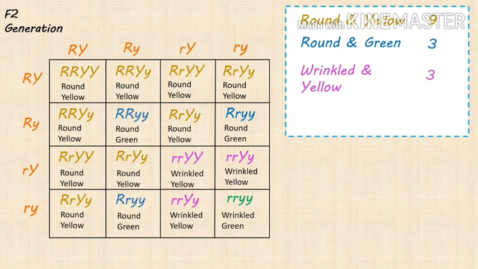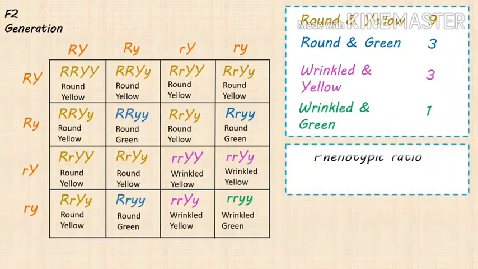So phenotype for all these genotypes, if we see, we have round and yellow seeds 9, round and green seeds 3, wrinkled and yellow seeds 3, and wrinkled and green seeds only 1. Okay. So when you complete this and count, you will find all these phenotypes. So what will be phenotypic ratio? It will be 9:3:3:1.